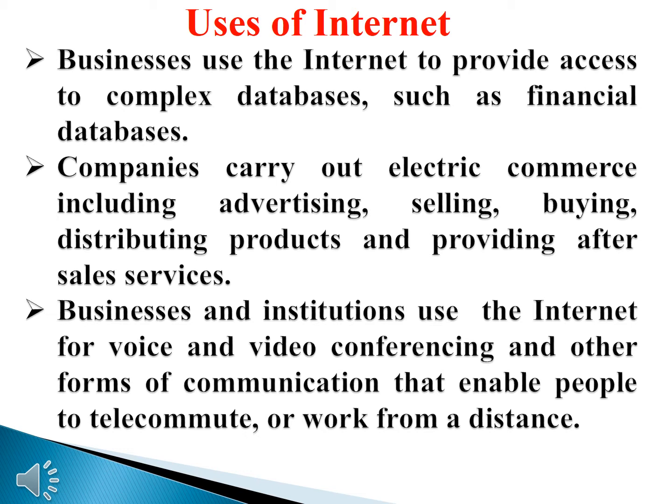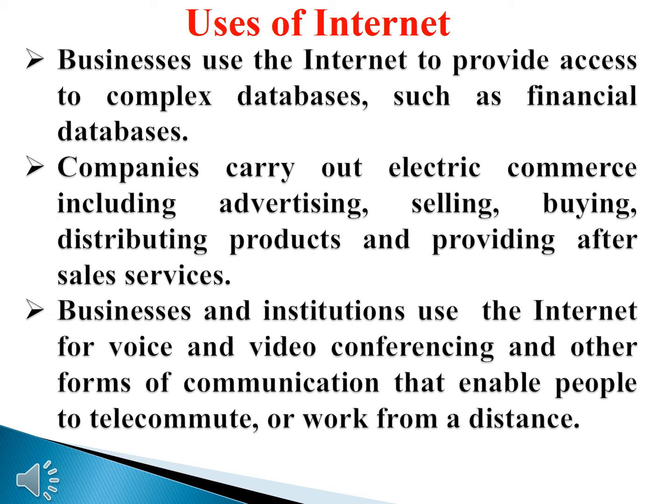Nowadays we can order any item online, we see different advertisements, and after purchasing, if we want any service, we get that online too. Next, businesses and institutions use the internet for voice and video conferencing and other forms of communication that enable people to communicate or work from a distance.